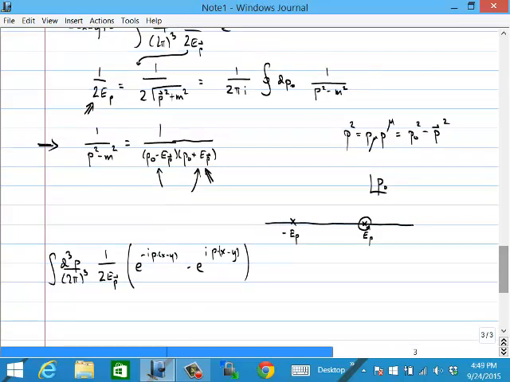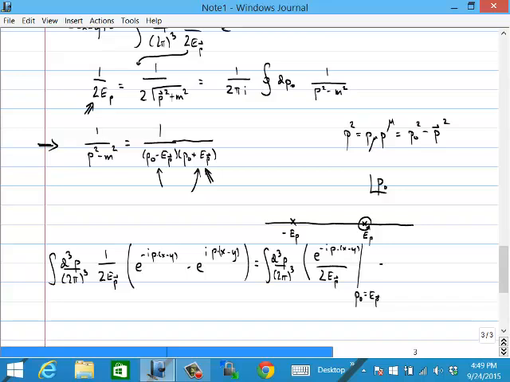Well, let me just rewrite this a little bit to make it clearer. So let's write this as an integral d3p over (2 pi) cubed times e to the minus i p dot (x minus y) over 2 Ep, where in this expression p0 is equal to Ep, as we defined it earlier.